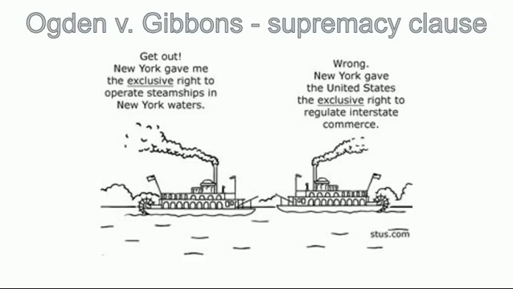Another example was Ogden v. Gibbons. Ogden v. Gibbons was where the Hudson River, which goes between New Jersey and New York State, had given exclusive ferry rights to one specific ferry company. The federal government gave it to another, and it ended up being that the federal government wins because the federal government supersedes the state government.